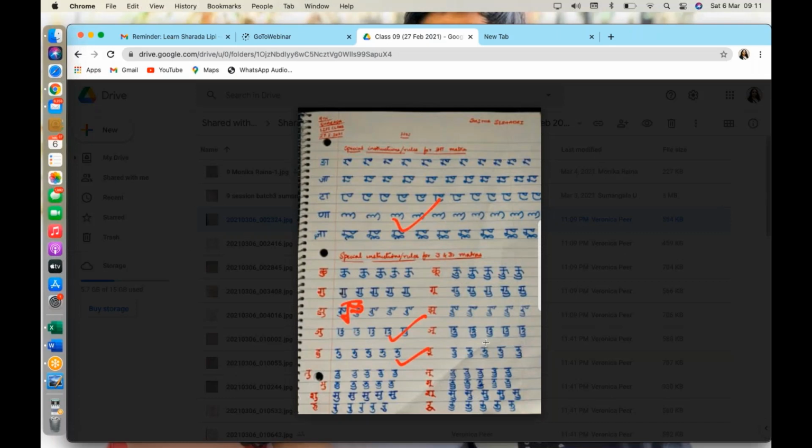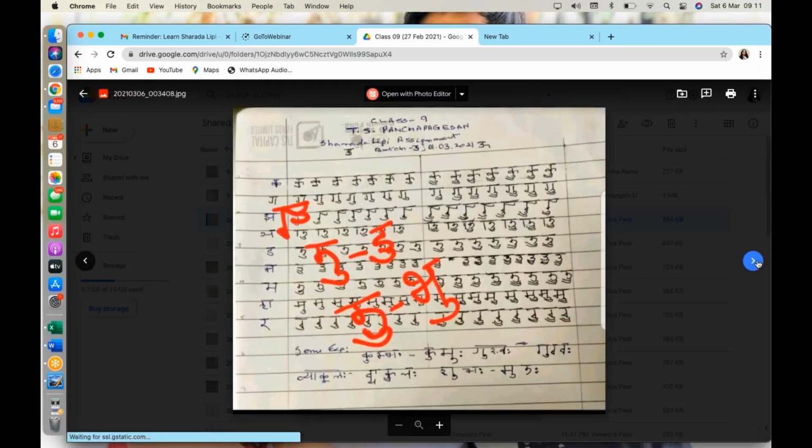So I would really want to appreciate this particular assignment today, writing those pointers that these are special instructions for certain letters, and making it colorful, would be really helpful for later referencing, when you start reading manuscripts, forming sentences. So really appreciable. This is a very nice homework, very nicely done.